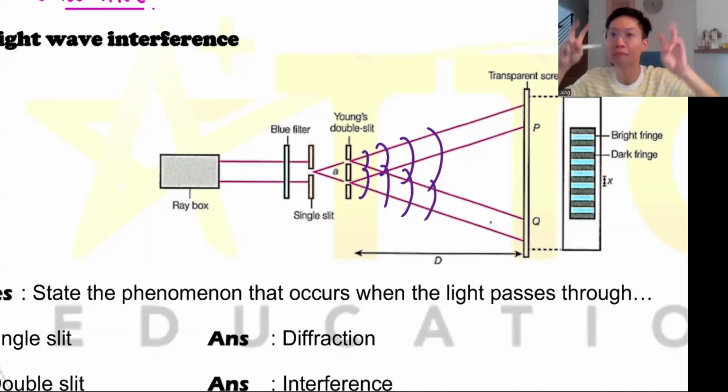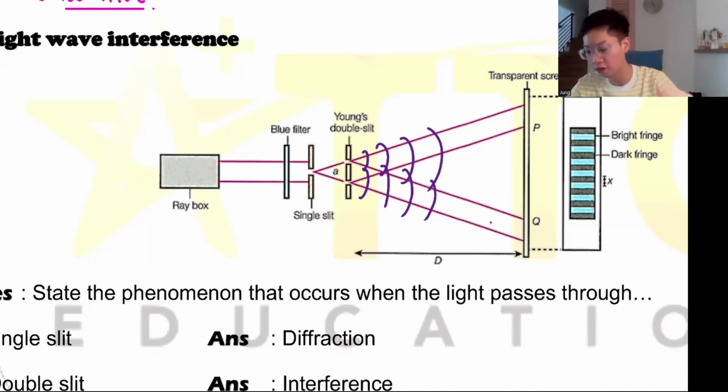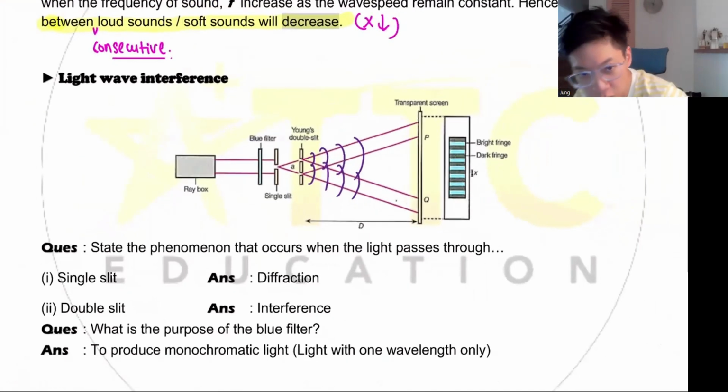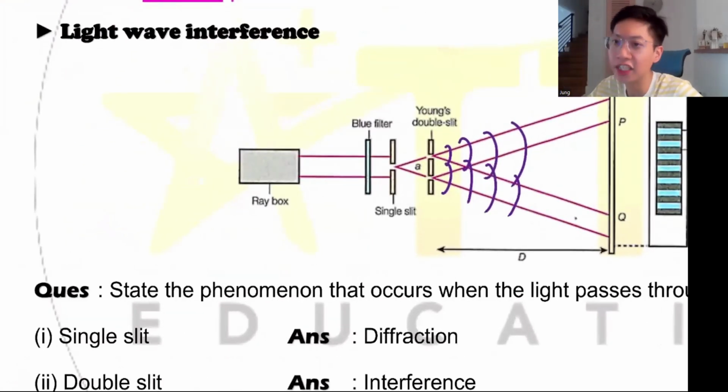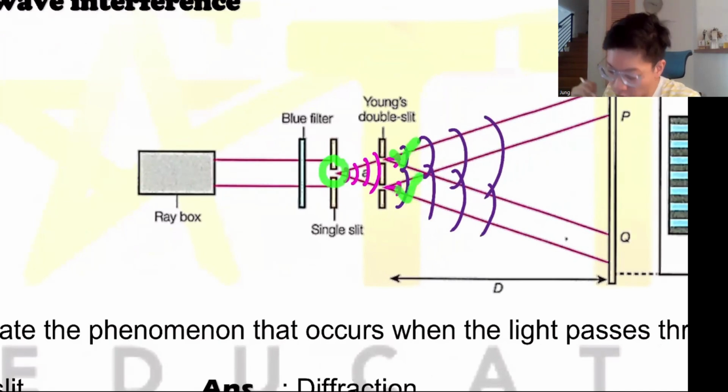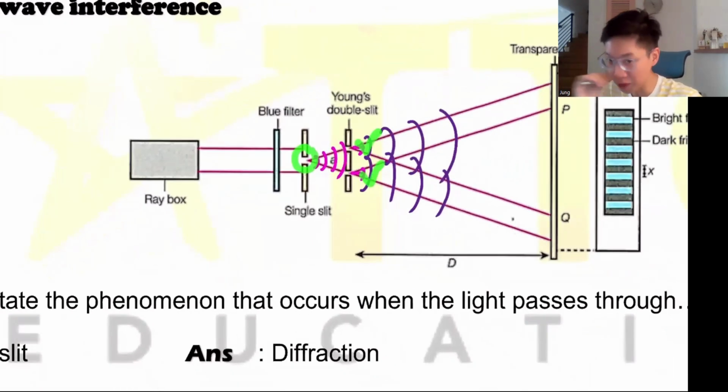Now for this intersection, you will realize that in a lecture, they want to make this become a single slit first before going into the double slit. They want to put this across the single slit first before going to the double slit. Why?